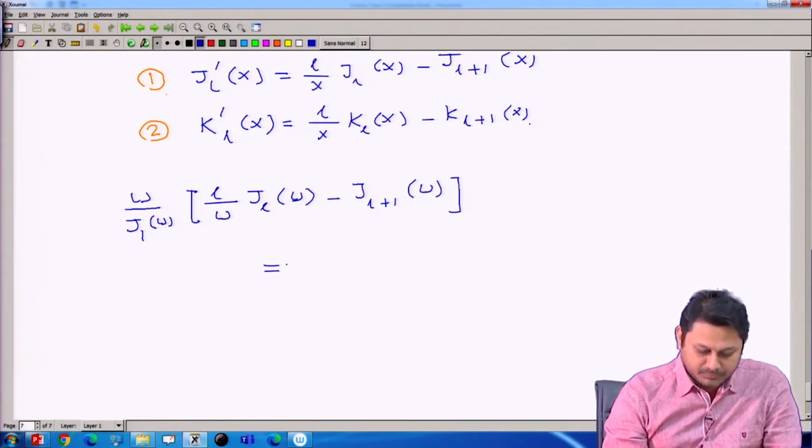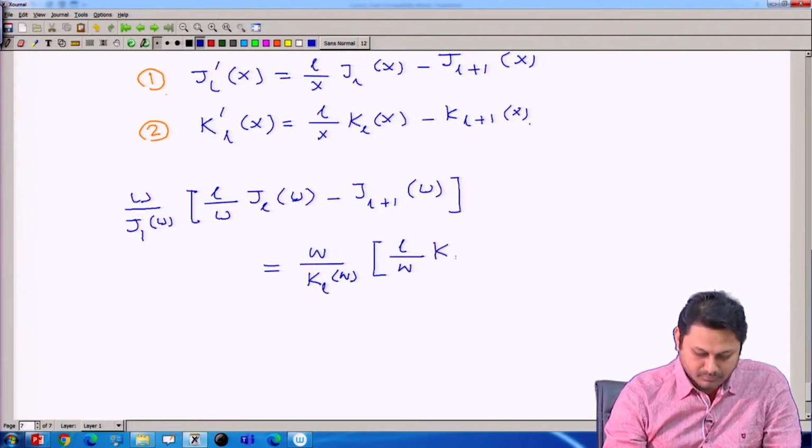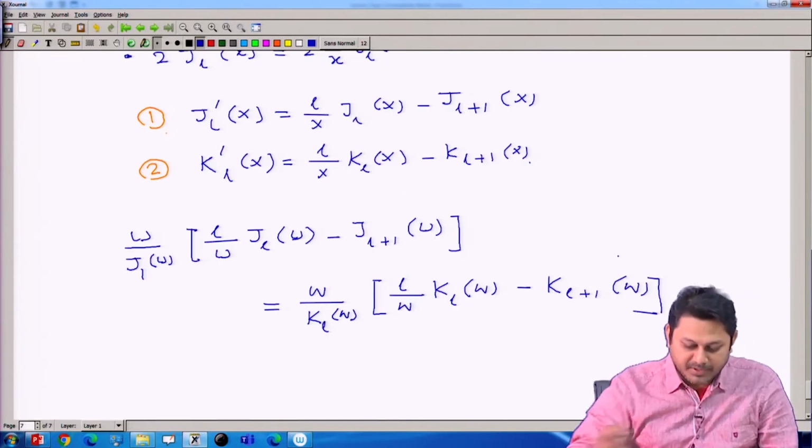That should be equal to this one. Why am I writing this?